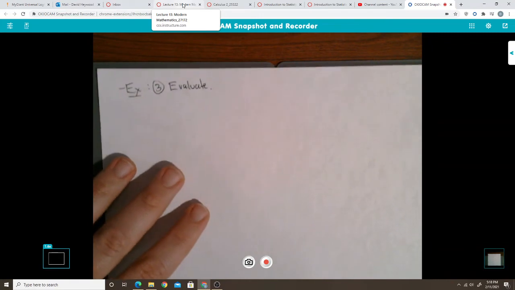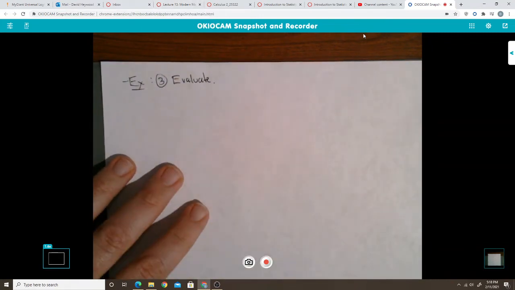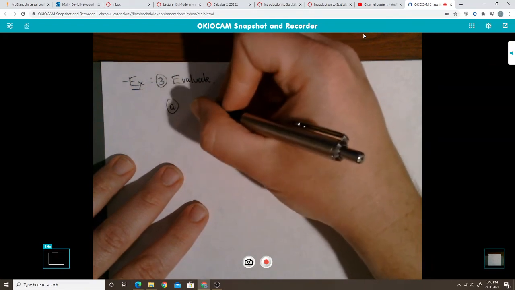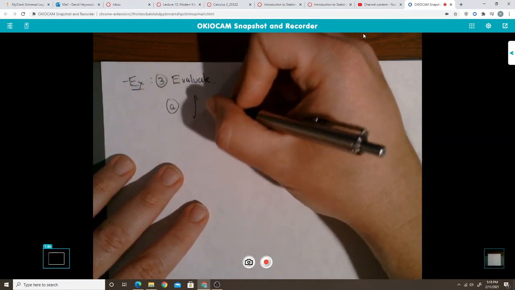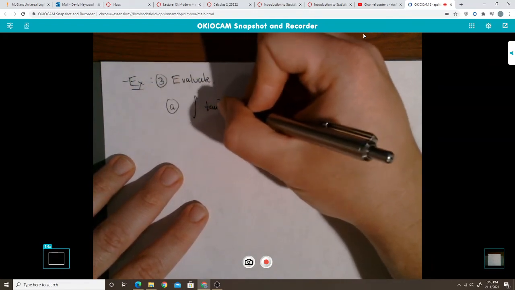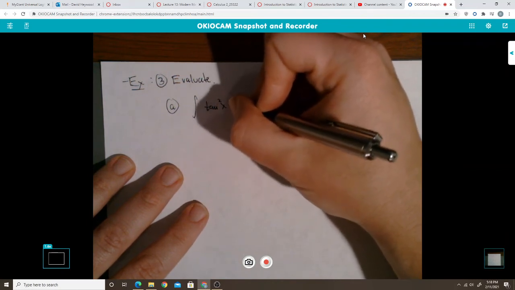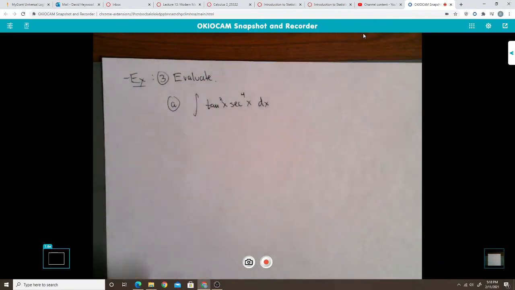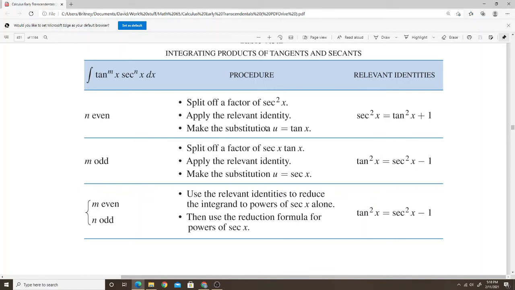Okay, so let's evaluate the integral of tangent squared x secant to the fourth x dx. This is a scenario where they're both even.